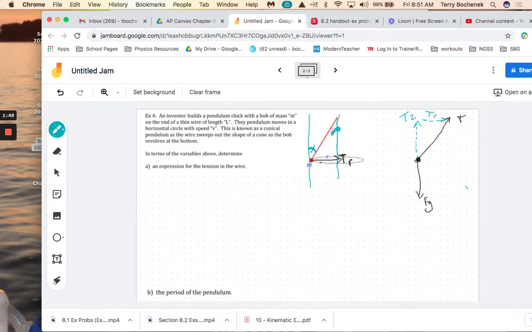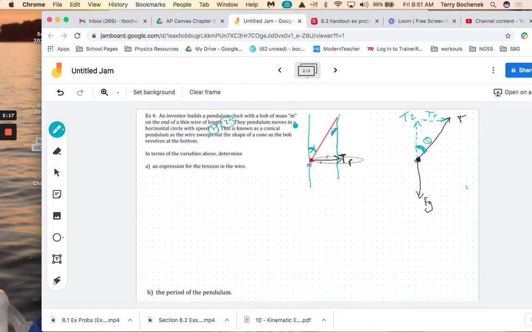Something to do with geometry and alternate interior angles between parallel lines. So anyways, it's this angle here that is the same angle as the upper angle with the string attached to the ceiling or whatever it's attached to.